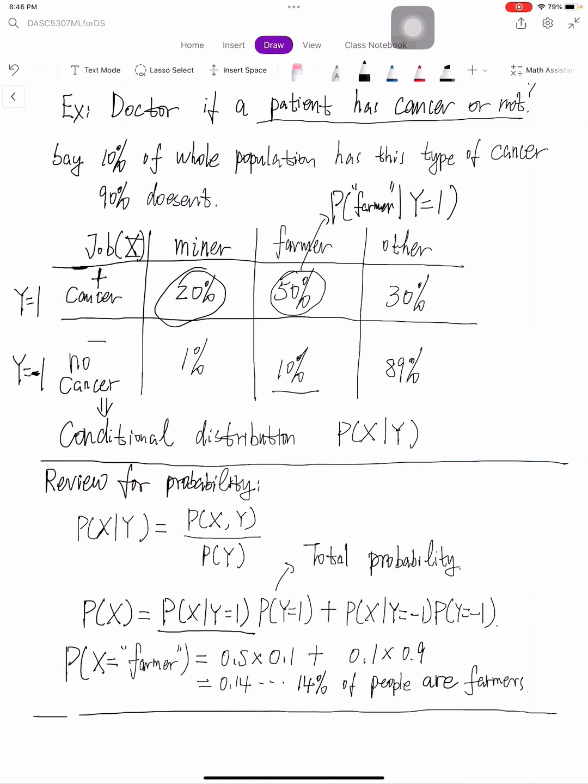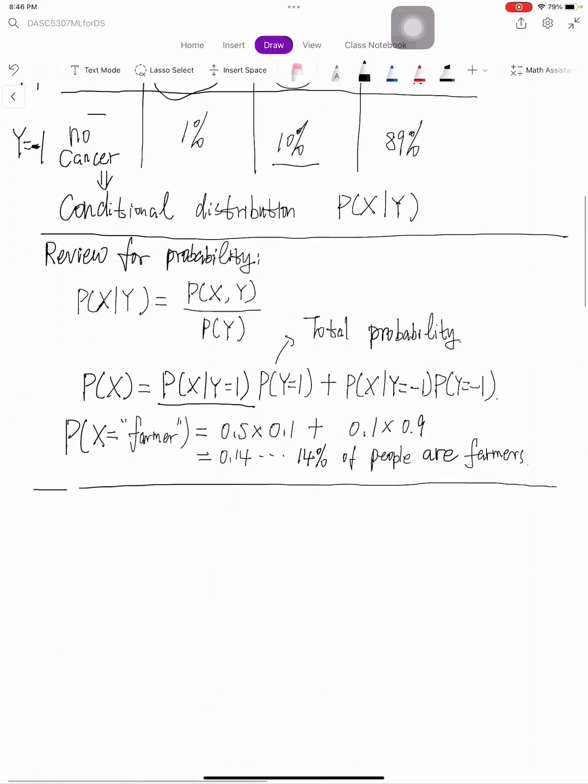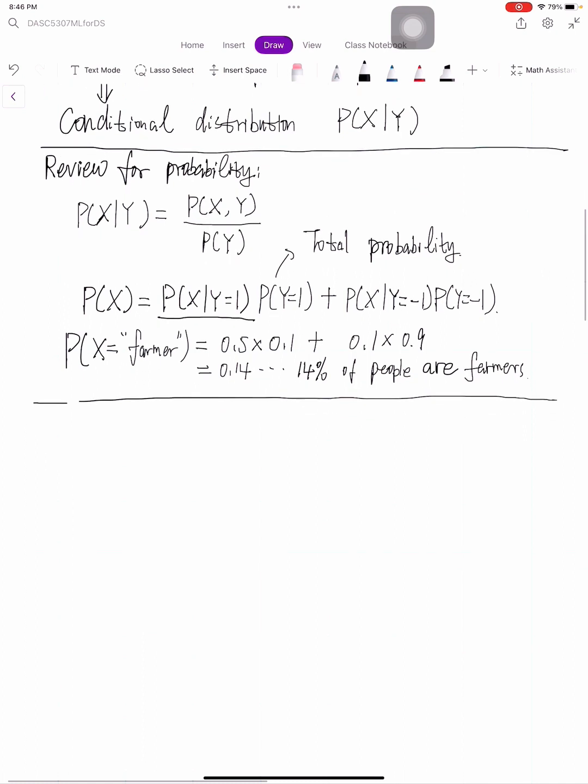This 50% is the conditional probability among the cancer patients: what's the chance he is a farmer? But what we are looking for is, given a patient is a farmer, what's the chance he has cancer? So we want the reverse conditional probability.